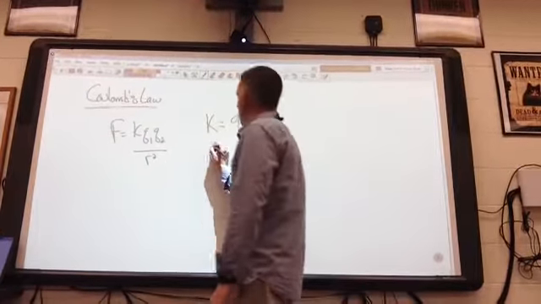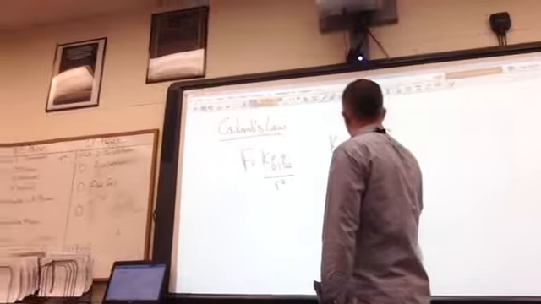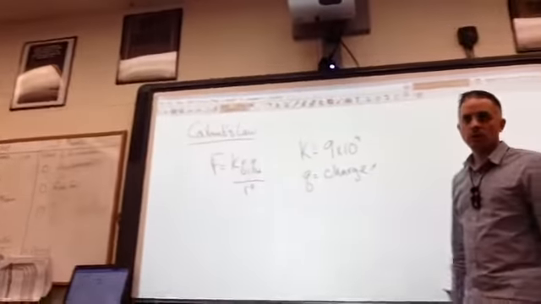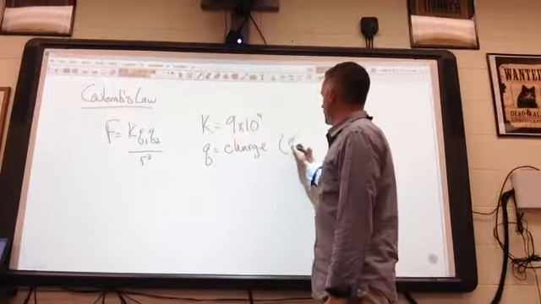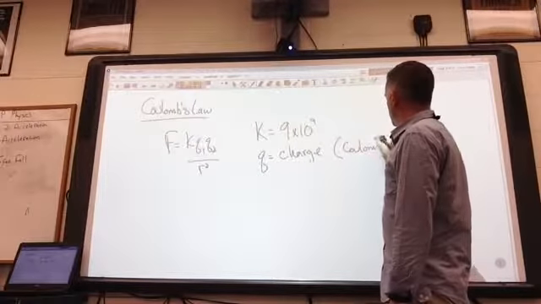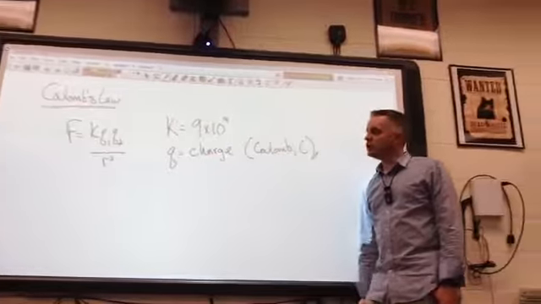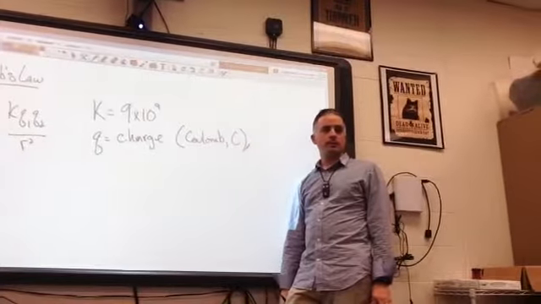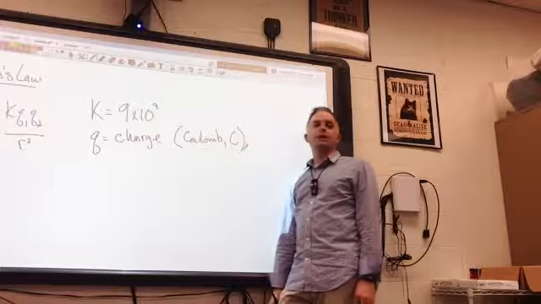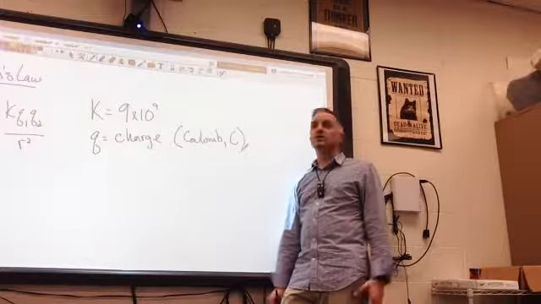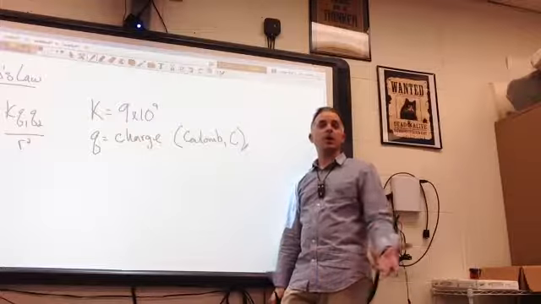Okay? The Q's are the value of the charge. We use the unit of the Coulomb, which is a capital C, as the unit for charge. So if I say you have a charge of 75 coulombs, that means you have 75. That is your charge.